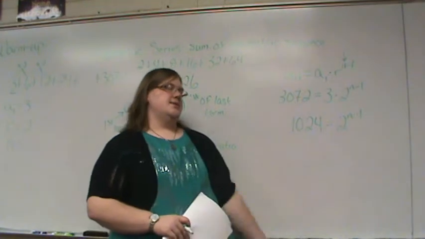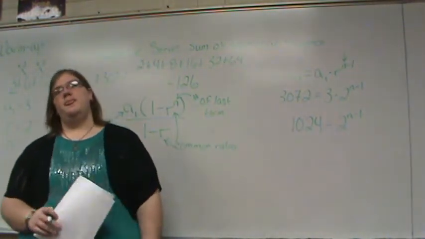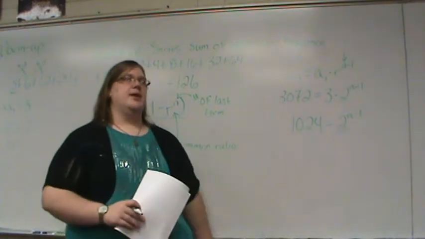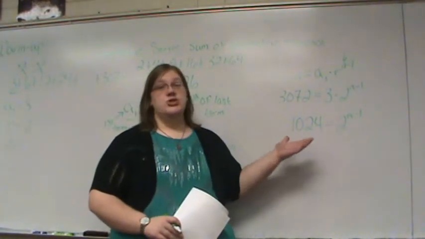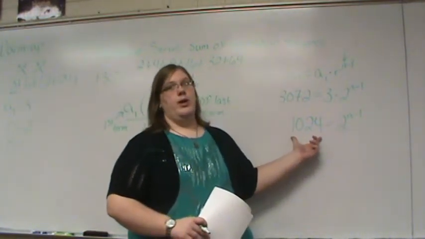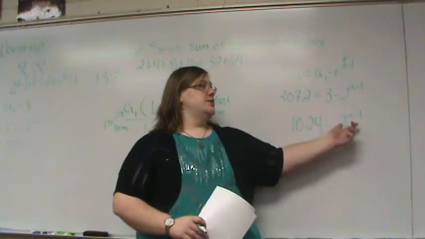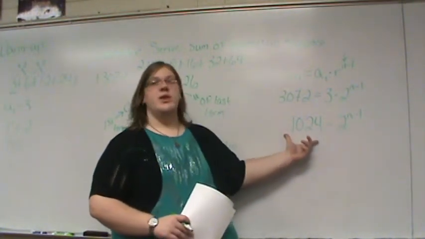In this case, when we're looking at an exponent, unfortunately, our options are kind of limited. We can either do a guess and check kind of method, because we know that 1024 is 2 to some power. You have to take 2 to some power to get this 1024.